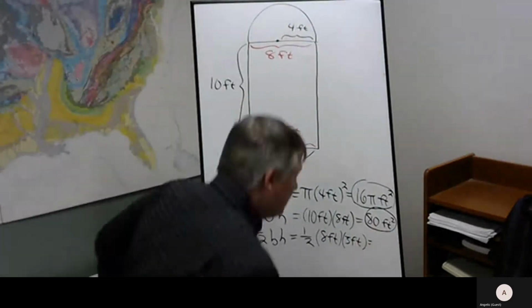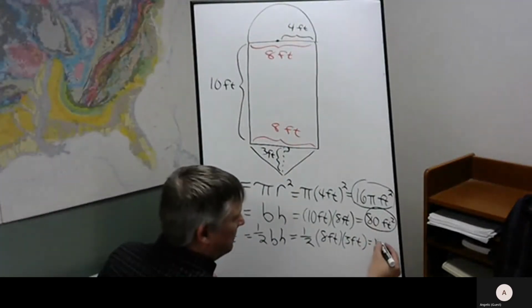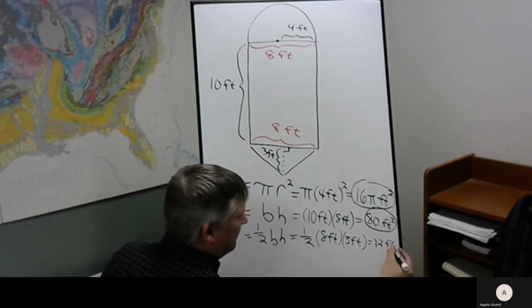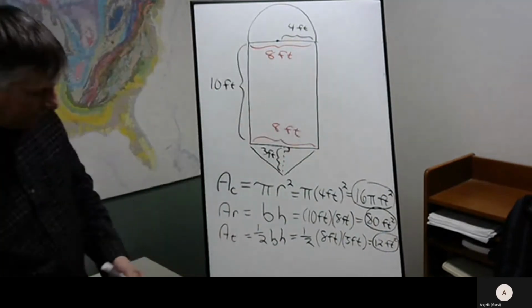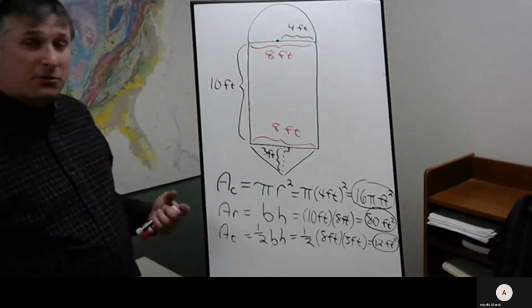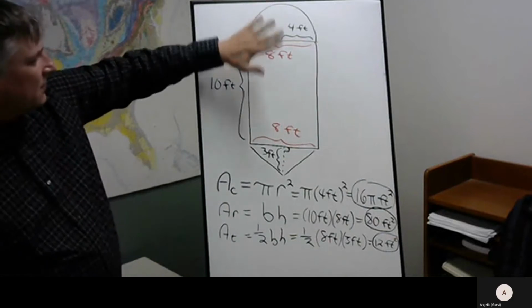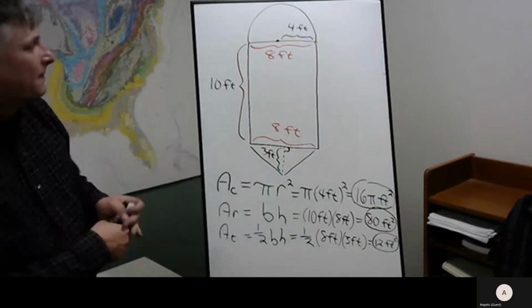And that's going to come out to 12 feet squared. So these are the 3 different areas: the circle, the rectangle, and the triangle.